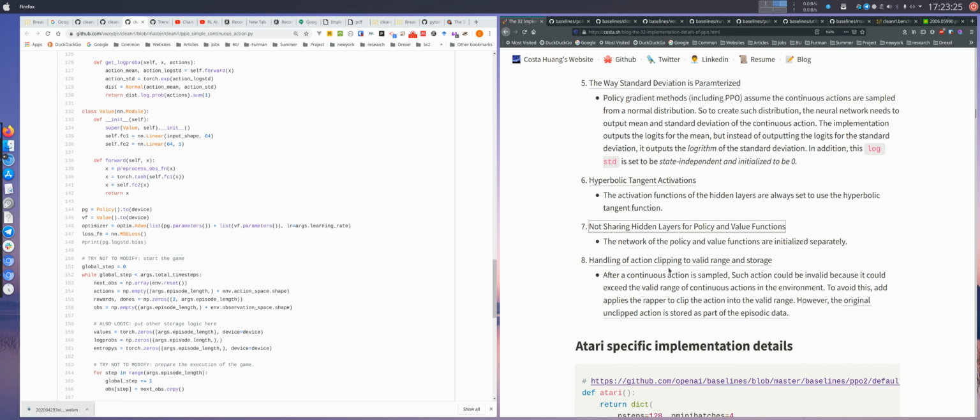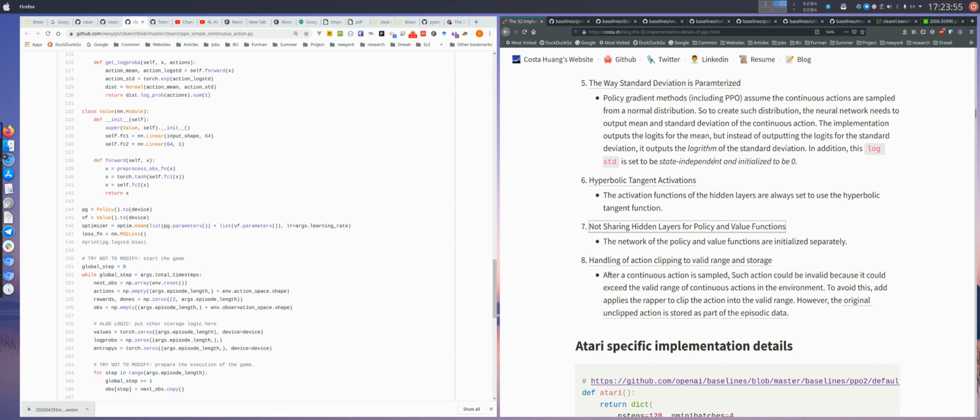Lastly, the handling of action clipping to a valid range and storage. After a continuous action is sampled, such action could be invalid because it could exceed the valid range of continuous action in the environment. To avoid this, there's a wrapper that is added to clip the action into a valid range. However, the original unclipped action is stored as part of the episodic data.